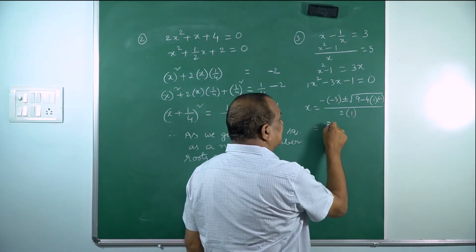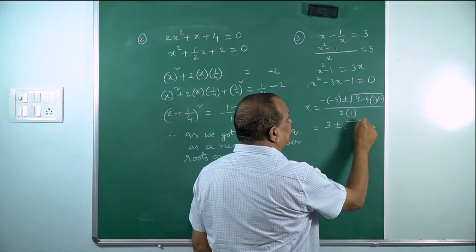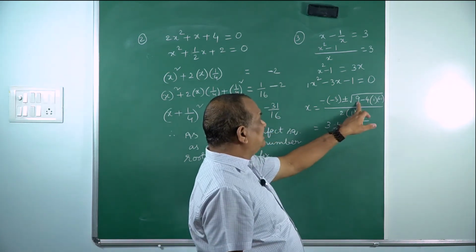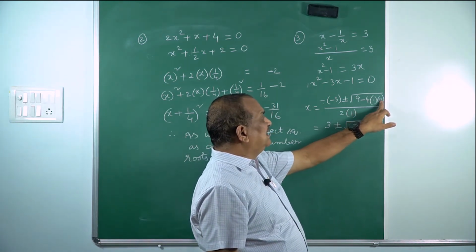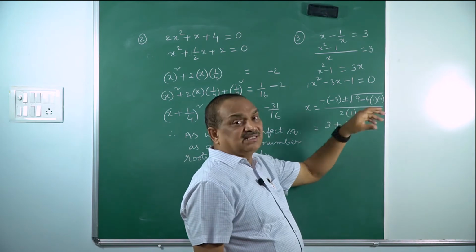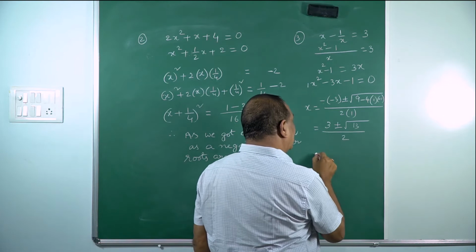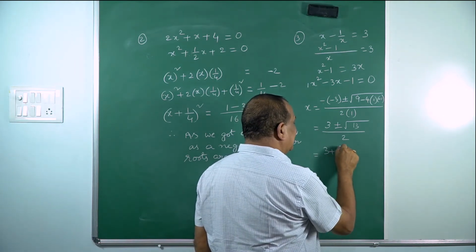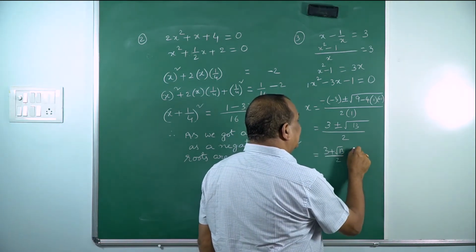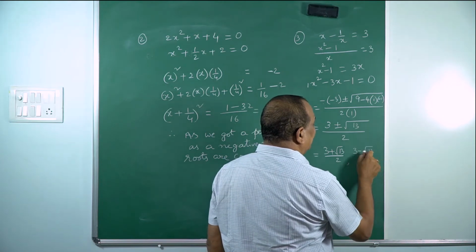Minus of minus 3 plus or minus square root of, here you must be a bit careful, this is 9, minus into minus is plus, this is 4, 9 plus 4, 13, so root 13 by 2. I have got two roots, 3 plus root 13 by 2 and 3 minus root 13 by 2.